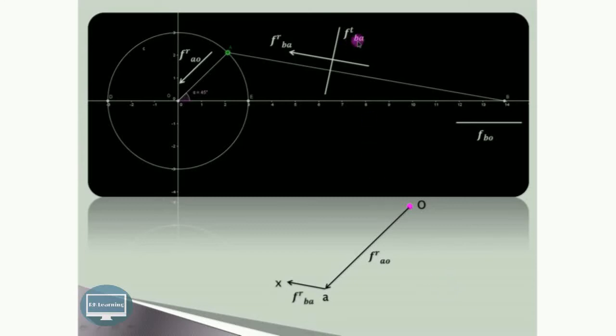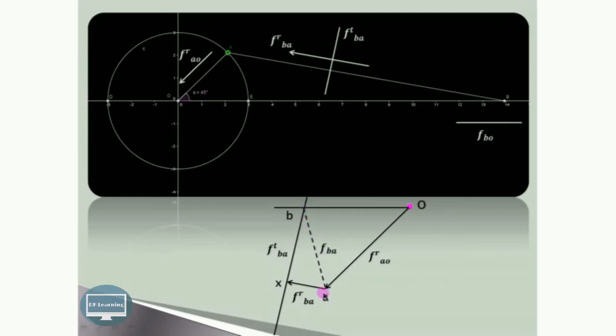Now the tangential vector of B with respect to A, whose magnitude and direction we don't know, we'll draw from this point X. Then B with respect to O, the fixed point. So the O point is known. From point O, draw a line parallel to this particular line. Wherever these two lines intersect each other, that is our point B. So this is nothing but the tangential acceleration of B with respect to A.